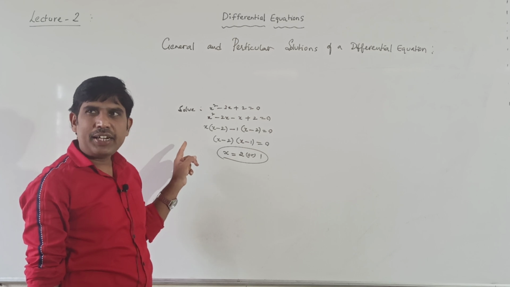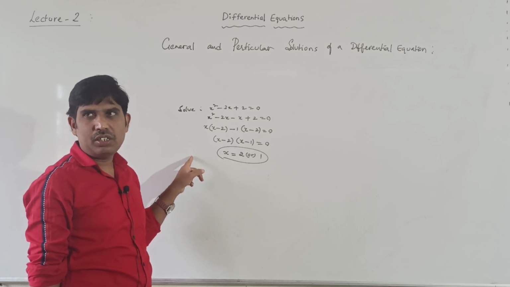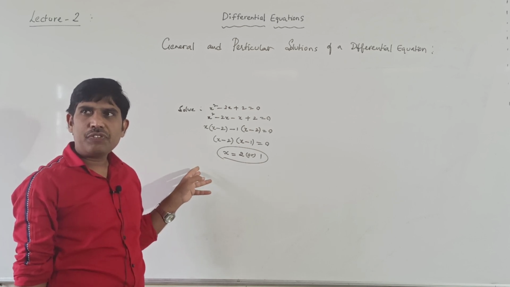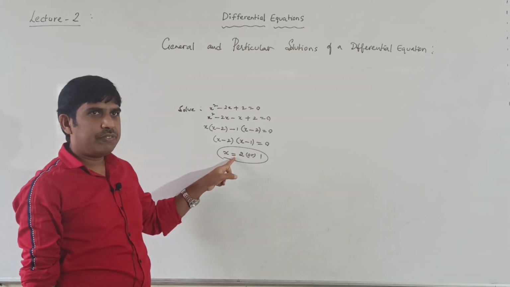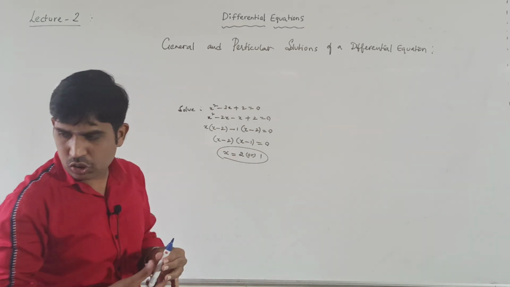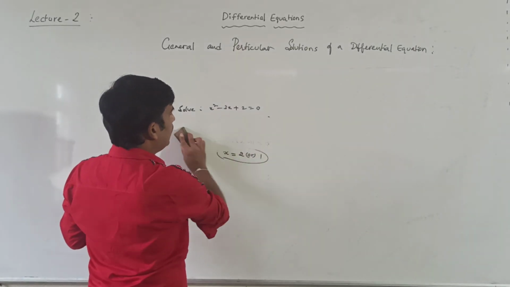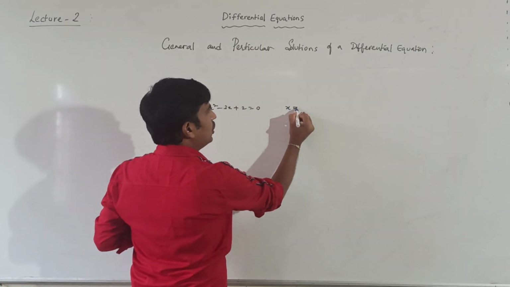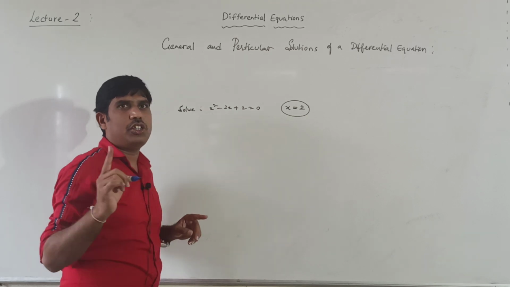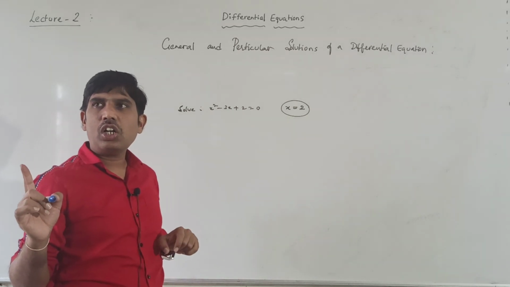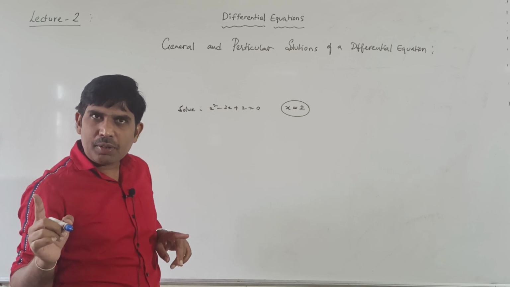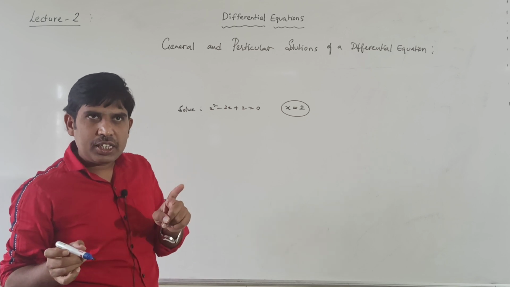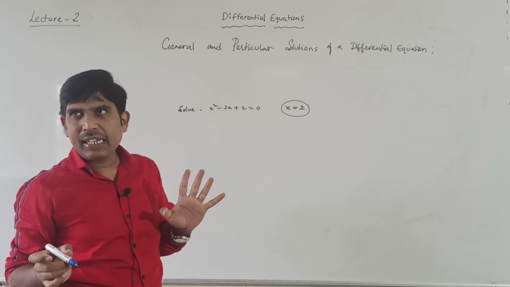Solve is nothing but finding the solution of the given equation. In lower classes, for quadratic and cubic equations, we know how to find the roots. Suppose we want to verify whether x is 2 is a solution or not. Remember, a solution is nothing but that which satisfies the given equation.